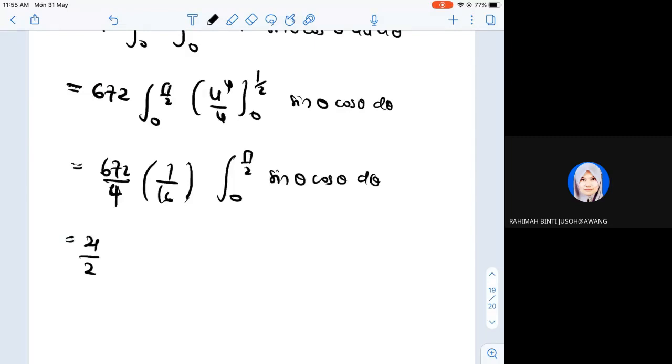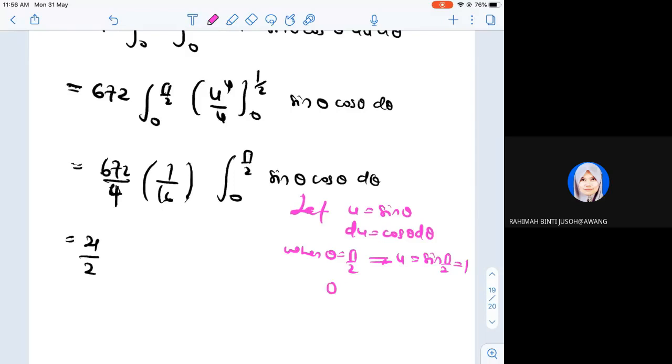Okay. So now we want to solve the inner one. Again let u, do substitution too. Let u equals sin theta. So differentiate u, you will get cos theta d theta. Nice, guys. So the limit: when theta equals pi over 2, u equals sin pi over 2 equals 1.